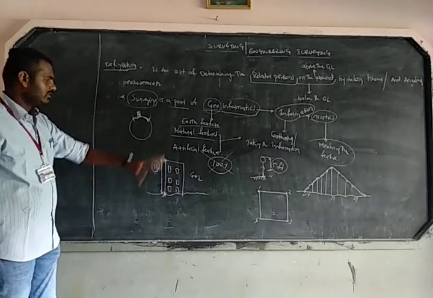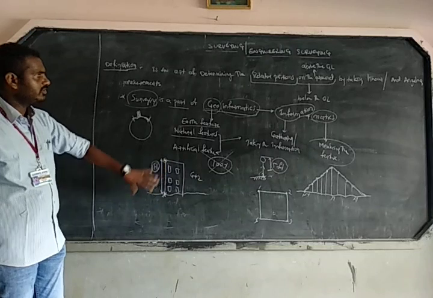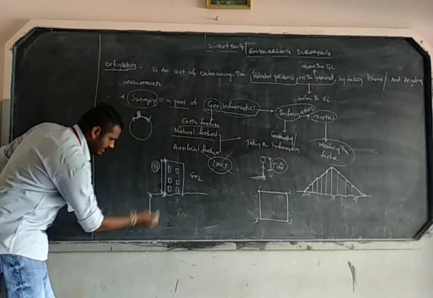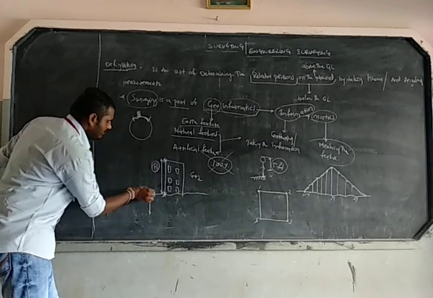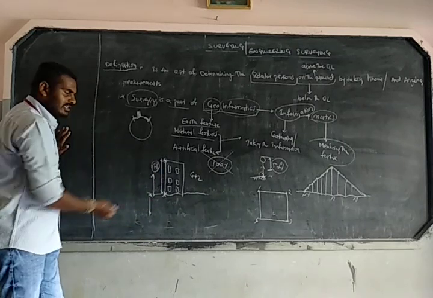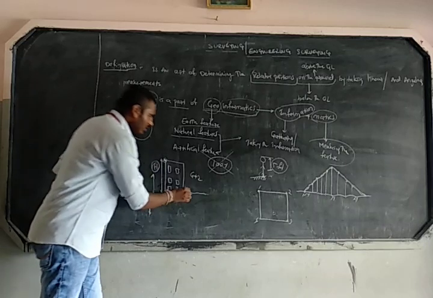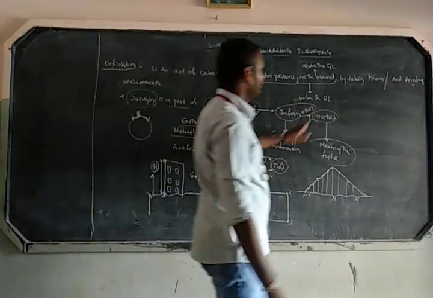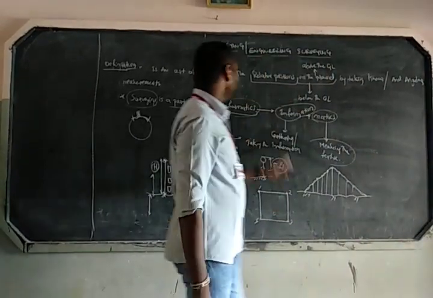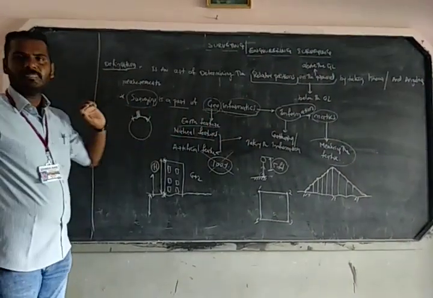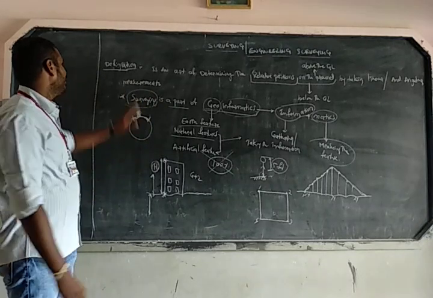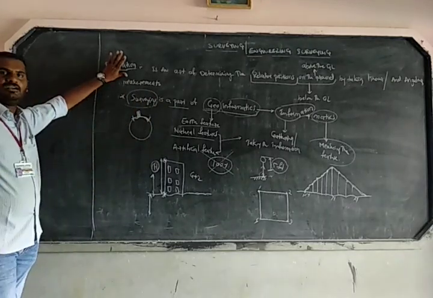We call this phenomenon identifying relative positions, either below the ground level to any extent, or above the ground level to any extent, or exactly on the ground level, by taking linear and angular measurements. Linear or angular measurements is known as surveying.